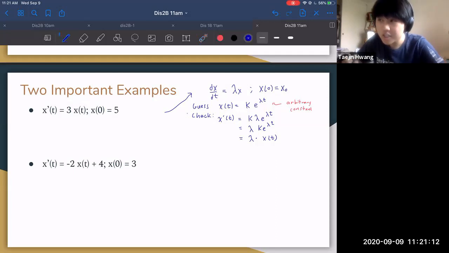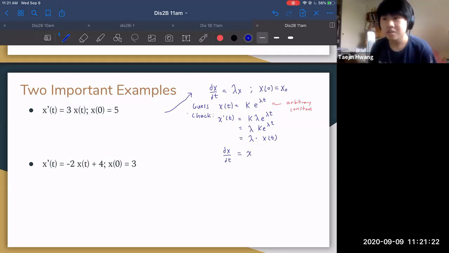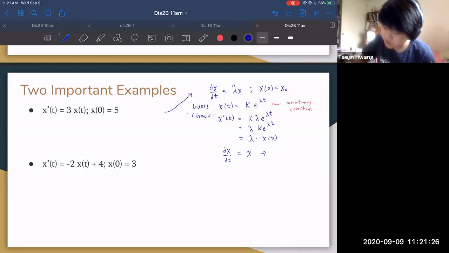And some more intuition on how I came up with that guess. Well, it's really this intuition where if you're looking for a function where dx dt is equal to x, the function that satisfies this relationship is x is equal to e to the t.